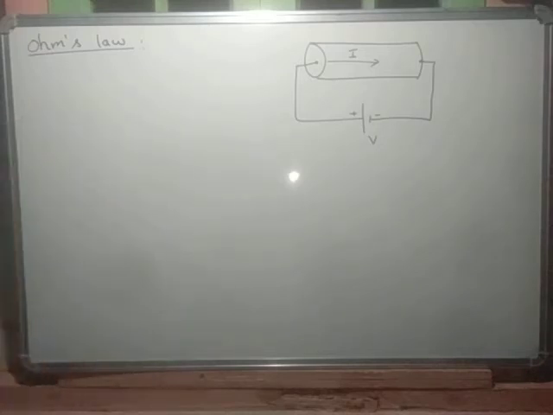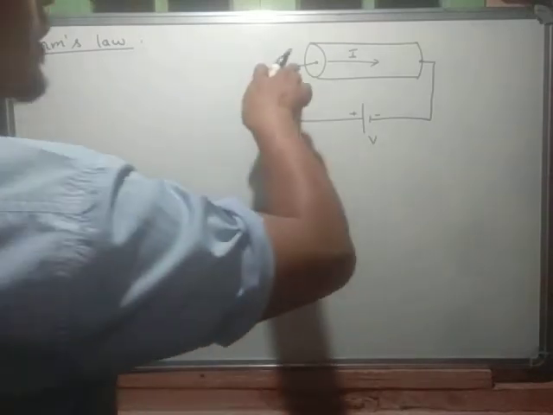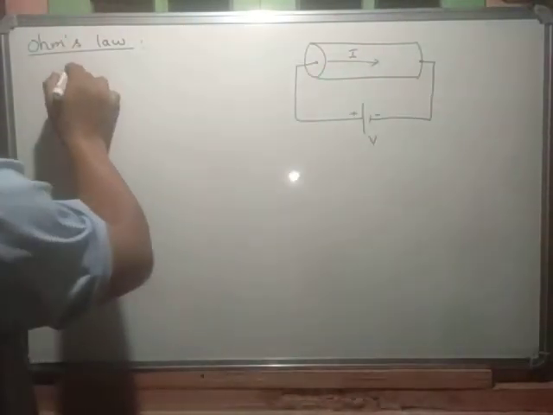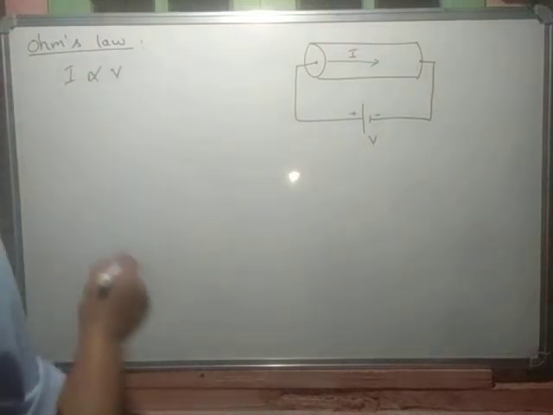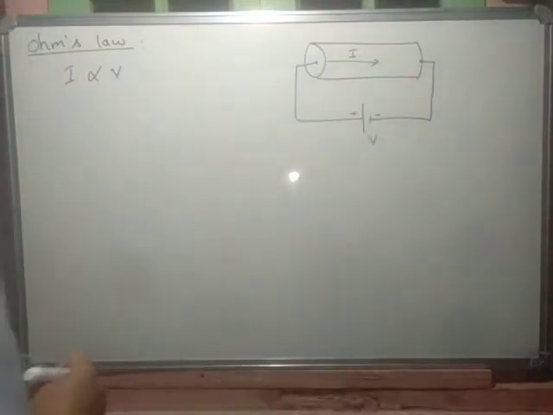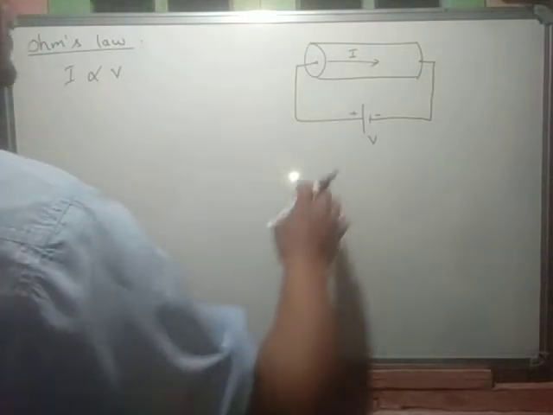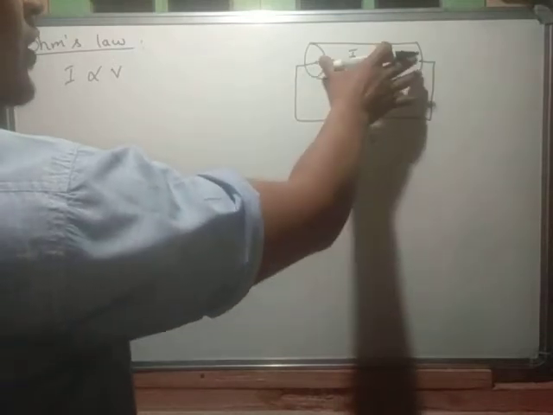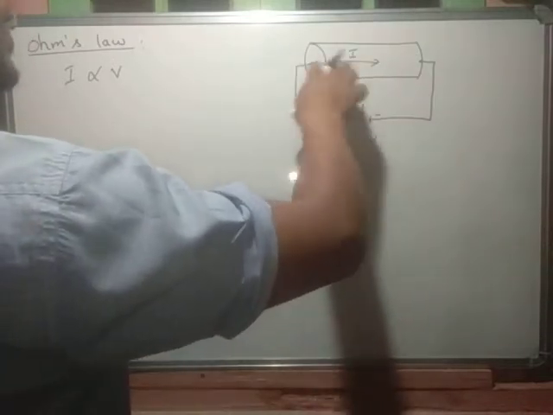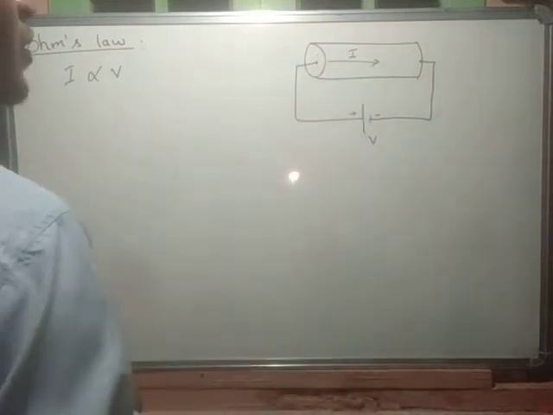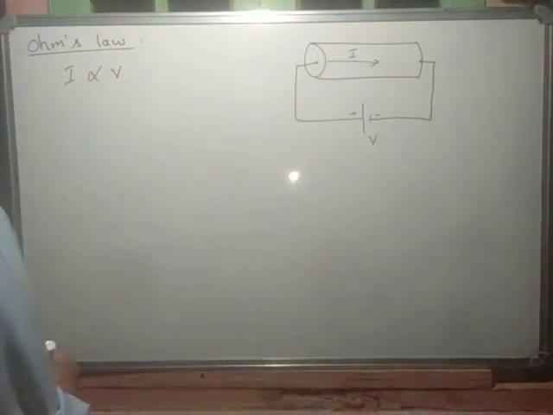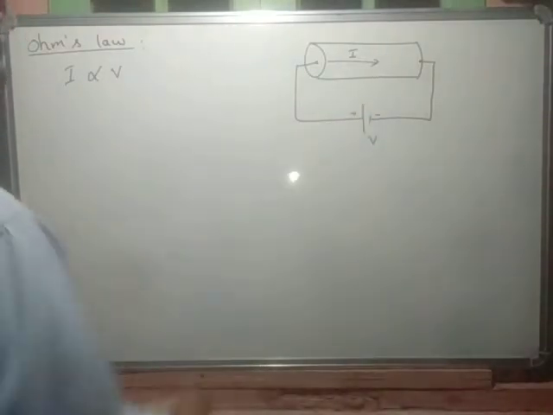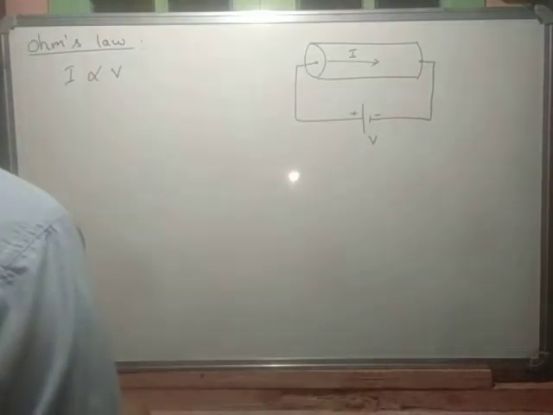According to him, the current passing through the conductor is directly proportional to the electric potential between the ends of the conductor, which means if you increase the potential difference between the two ends of the conductor, then the current I passing through the conductor also increases. And if you decrease the potential difference, the current in the conductor also decreases.